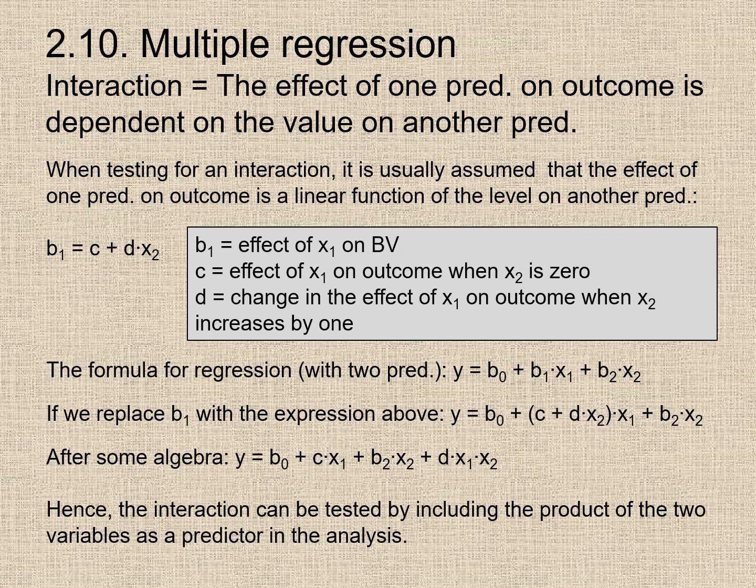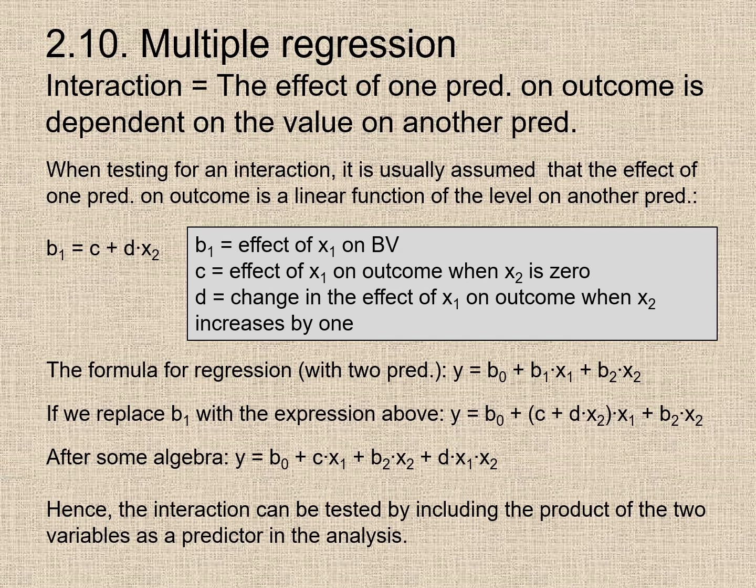So let's say that x1 is therapy, and x2 is medication. If we have the original formula here with no interaction term, we say it looks like this. But now, if we say there is an interaction, then the regression coefficient for the effect of therapy on life satisfaction is a function of your value on medication.